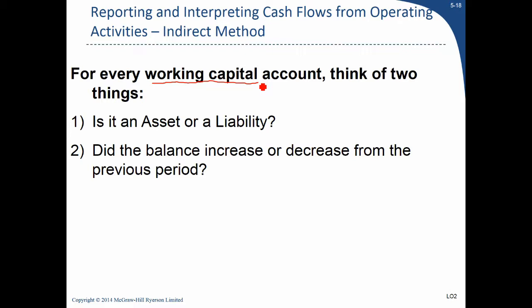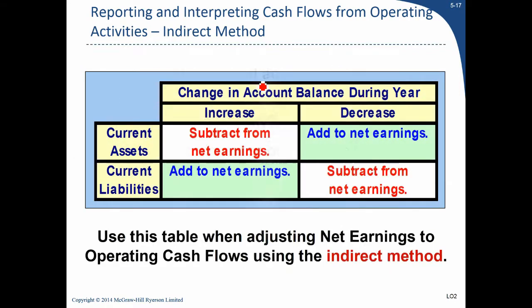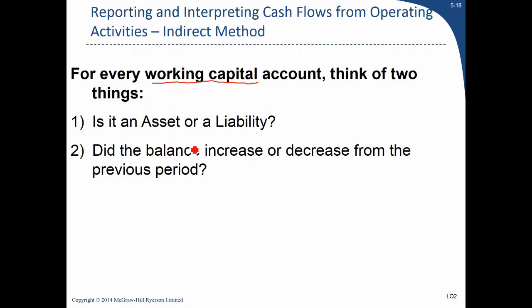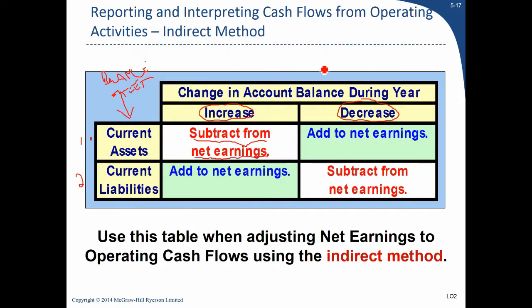Okay, so when building up the statement of cash flows, for every account on the balance sheet, you have to think of two things. One, is it an asset or liability? Meaning, are you number one or number two here? And two, did the balance increase or decrease from the previous period? So are you in case A or case B?